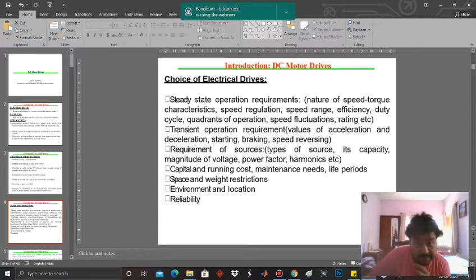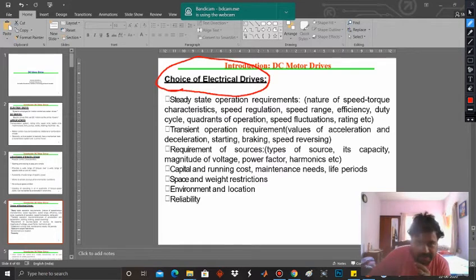So the main important thing is which electric drive you should choose. That is the choice of the electric drives. The first condition given over here is the steady state operation requirements.